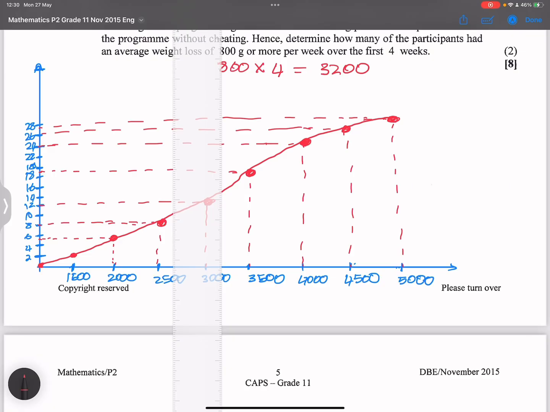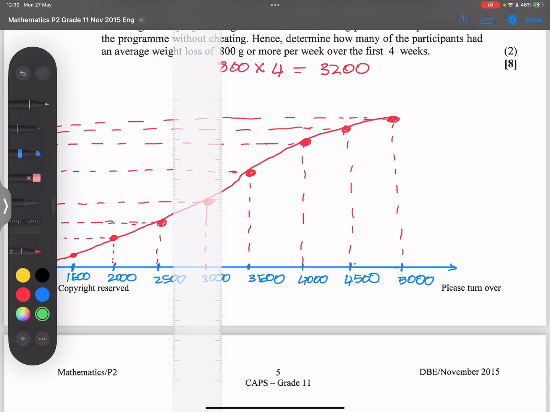So let's estimate it over there. There is the value. I'm just going to shift it slightly to the left again. I made an error there. So there it is at 3,200.